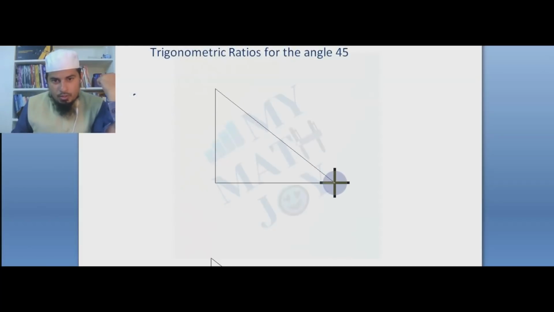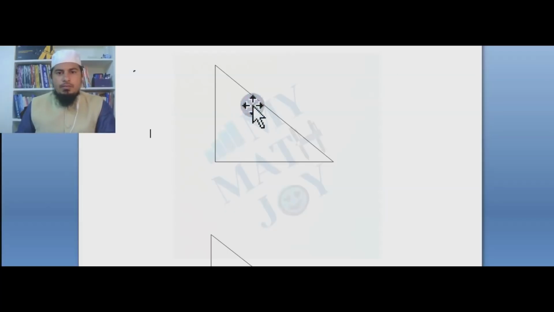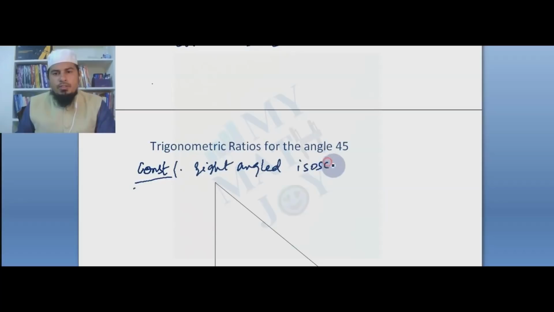So you can note down here. This is a construction: construct a right angled isosceles triangle of side a.